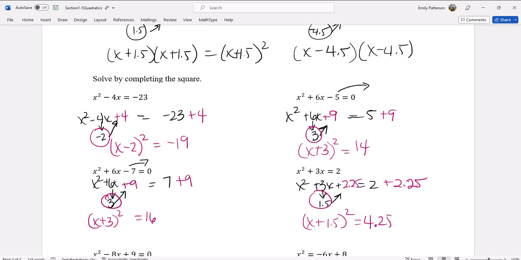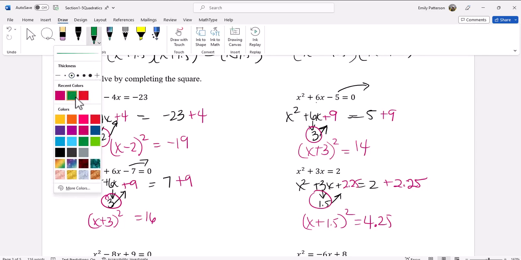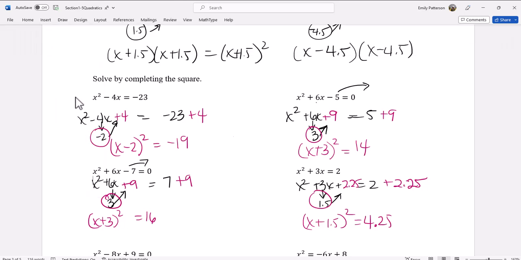Adding all those numbers together. And then we solve it like we did before. I'm going back to the beginning. I'm going to do this in a different color. Here, let's do it in green. But once we have this, then we take the square root of both sides. The square root of x minus 2 squared is x minus 2, which is equal to the square root of negative 19, plus or minus.